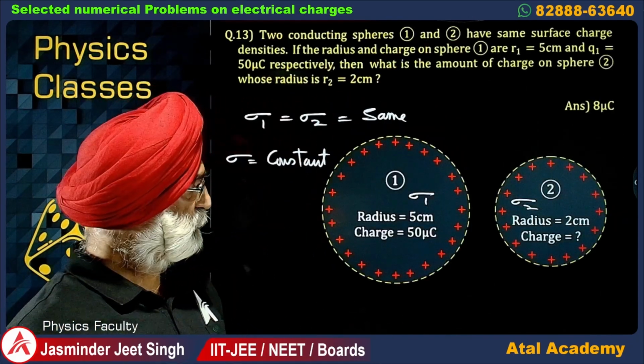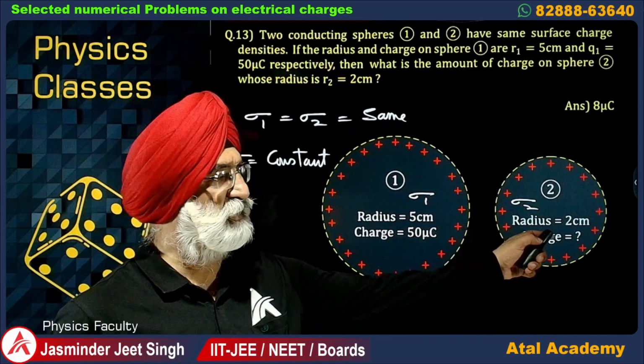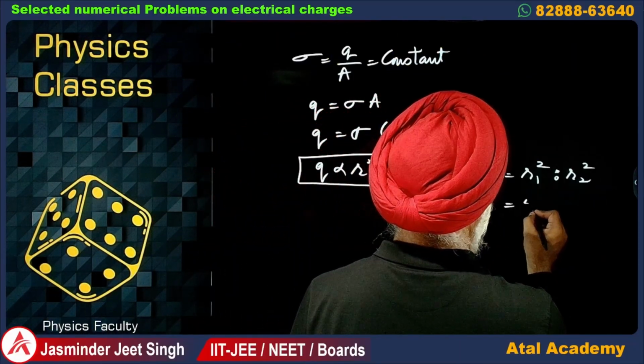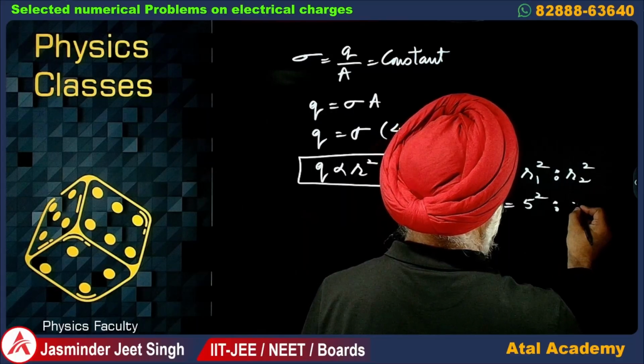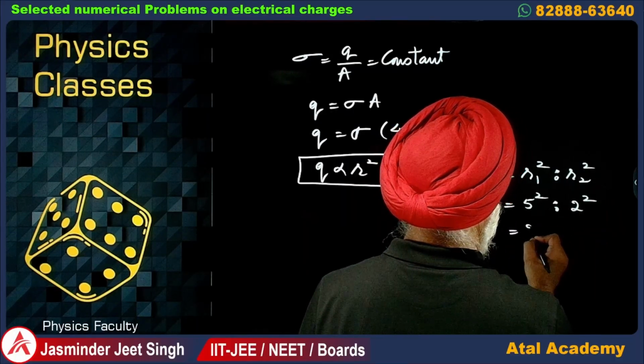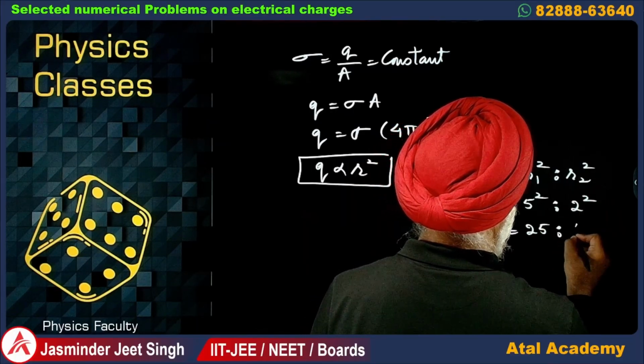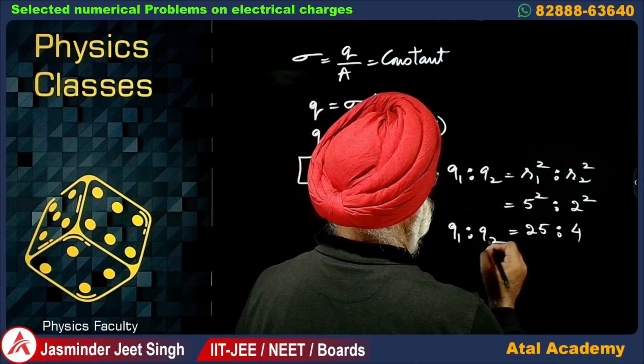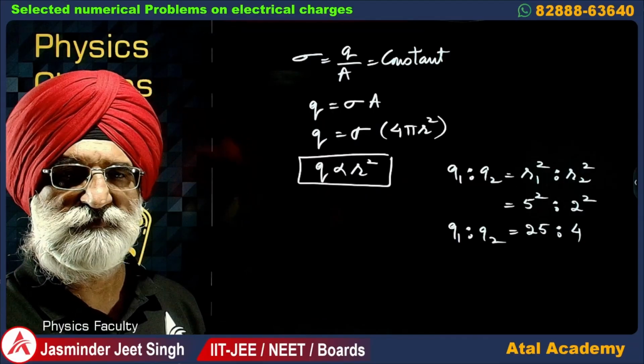It is given that R1 is 5 centimeters and R2 is 2 centimeters. Here we can put 5 square and here 2 square. It will be 25 is to 4. The ratio of Q1 is to Q2 is 25 is to 4.